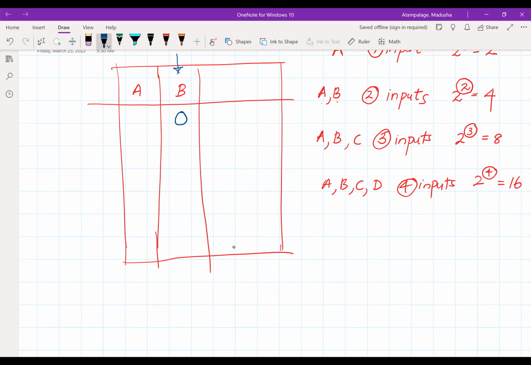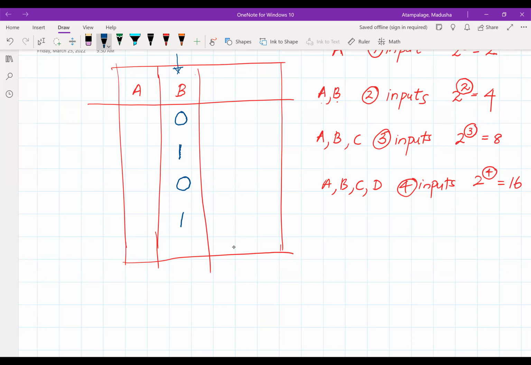I'm going to start with 0. There are several methods, this is only one. You can use any method, but this one is easy. So we start from 0, and next we take B equal to 1. Again, we take 0, and the next one is 1. We have 4, so we write those 4 for B: 0, 1, 0, 1.